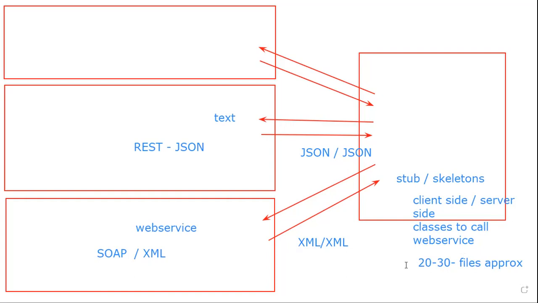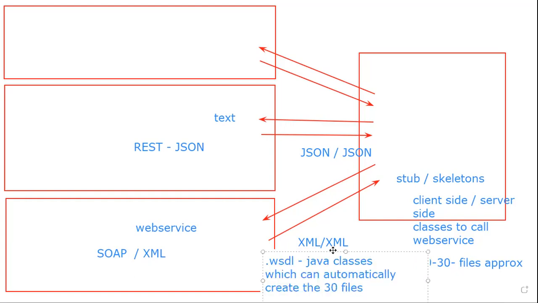manually. So if they give us a WSDL, we have Java classes which can automatically create the 30 files. That is the reason they provide the WSDL.